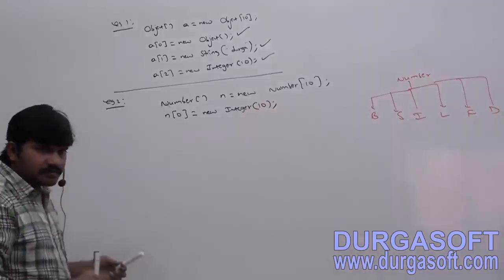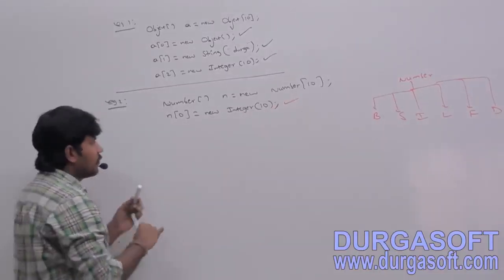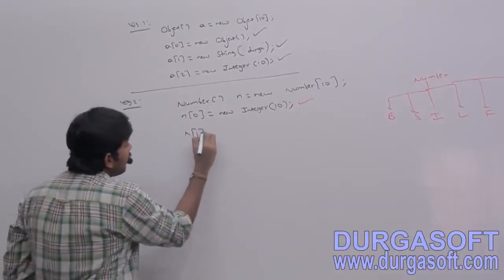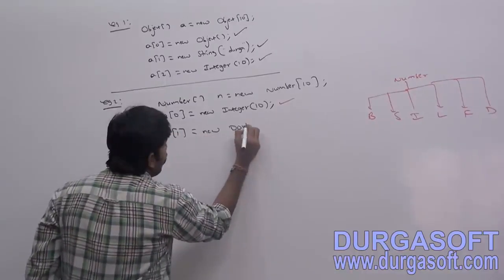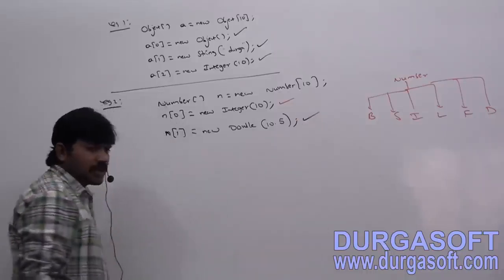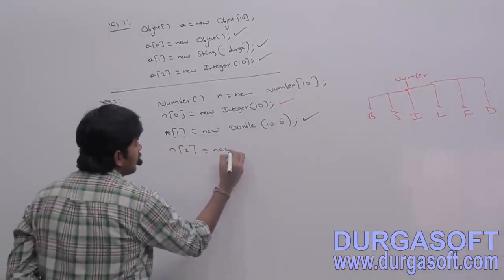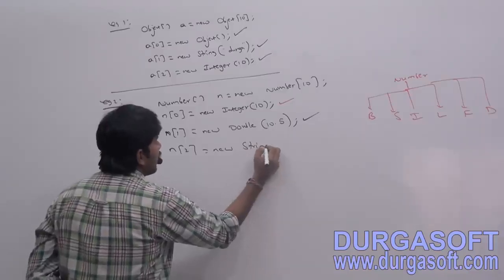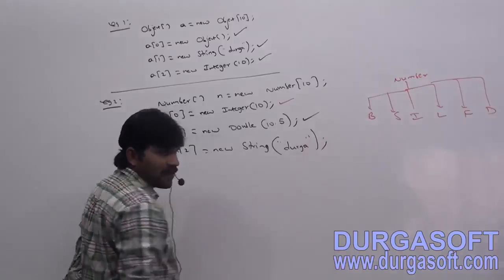Is it valid or invalid? n[0] = new Integer(10) is valid because it is a child of Number, no problem. n[1] = new Double(10.5). Valid or not? Valid, because a Double object is valid. n[2] = new String("Durga"). Is it valid or invalid?